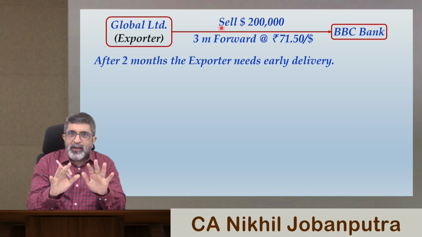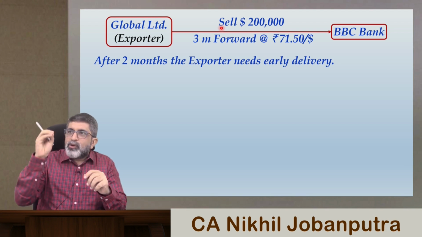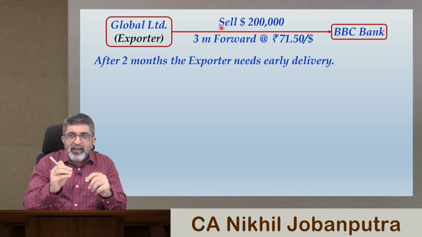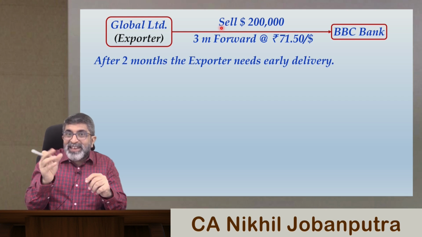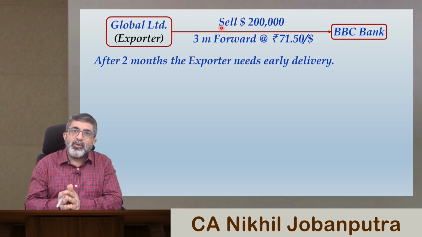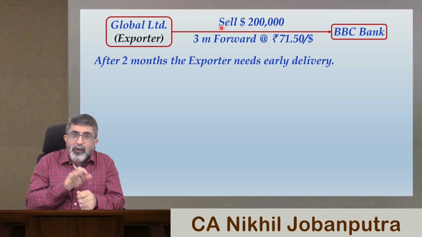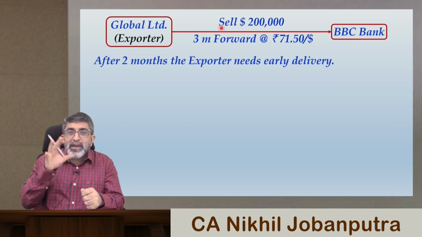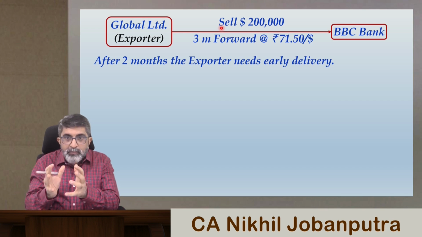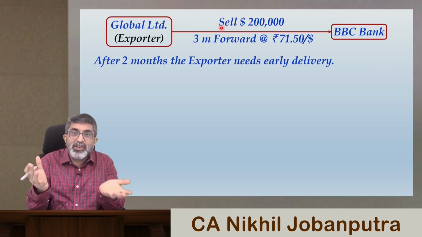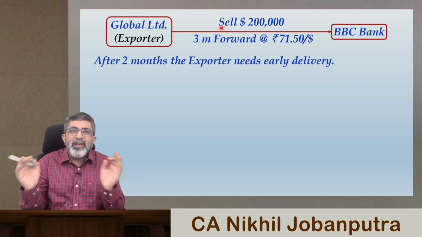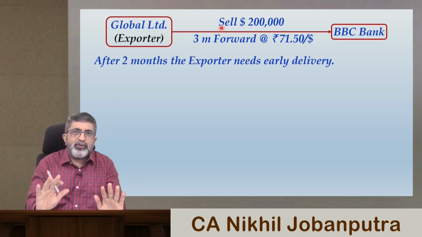So in a way, you understand one thing, Global Limited in this case, on one side it could be a little tense that it has to take action to square off the matter early. But at the back of its mind, it has a much bigger opportunity to utilize that money for 1 additional month. So it's a win-win situation for Global Limited actually.